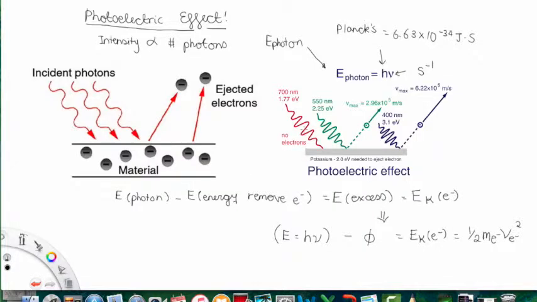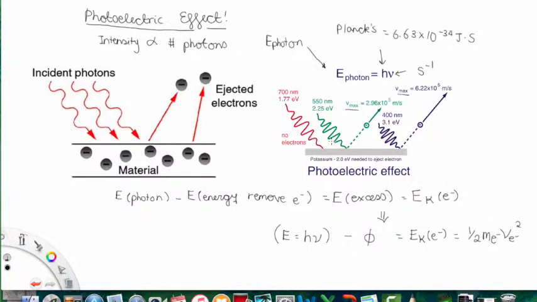So basically, if you look at this, when you're at 700 nanometers versus 550 nanometers versus 400 nanometers, you can see that the max velocity of the electrons that are being ejected can be changed. However, at 700 nanometers and at 1.77 electron volts, you actually see no electrons being ejected.